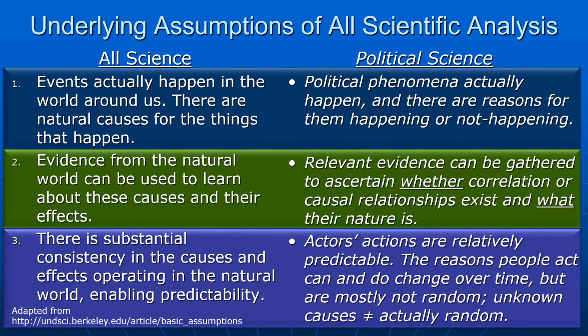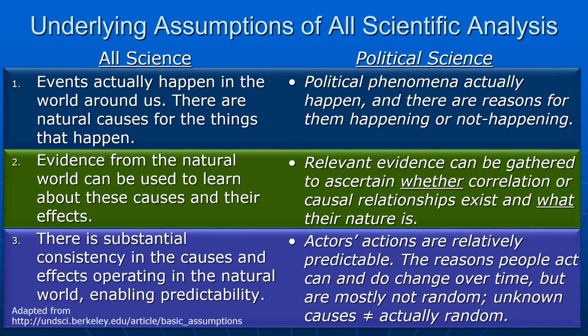And the thing about empirical political science is that we can start to say, well, how much of this is predictable? How much do we know? And how much accuracy can we gain in our prediction? The fact that we know that there are some things we don't know doesn't mean that we think those things are actually random, that there's some kind of metaphysical dice being rolled that cause things to act in unpredictable ways.